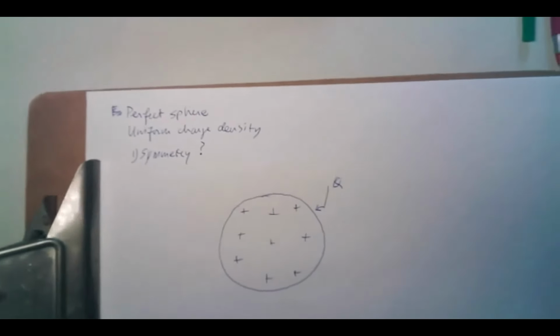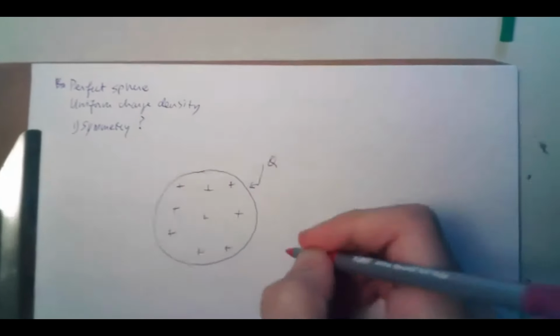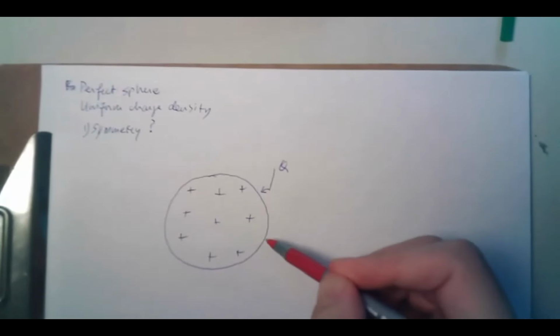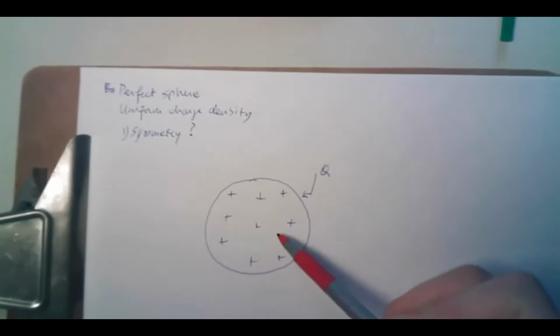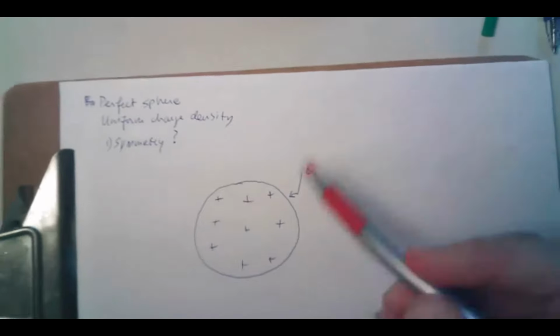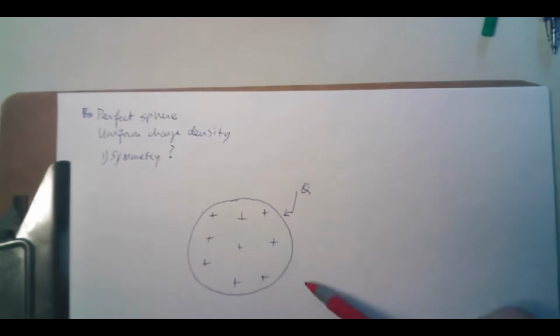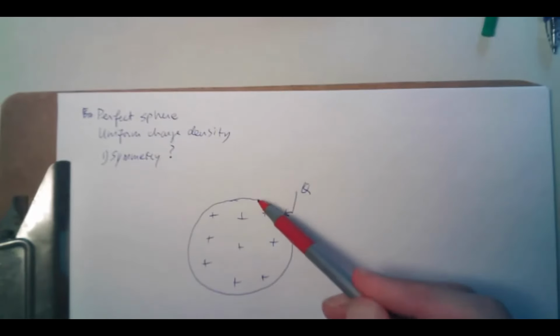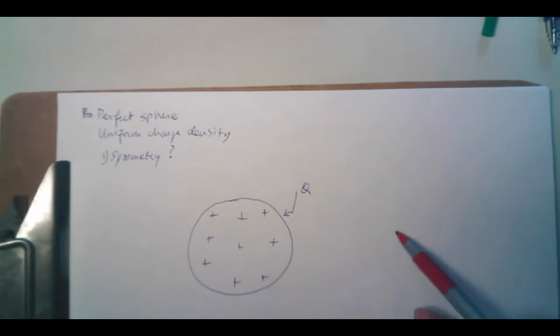So we have, again, several things we can do. But we need to consider the symmetry that we have. So the first is that because this is a perfect sphere, we can have only a dependence on R in the electric field.